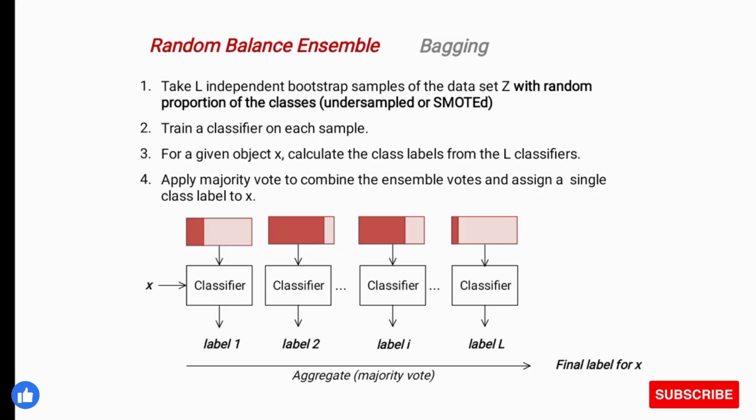And we use the majority vote to combine them and assign a single class label to that object x. So each time we are randomly choosing more or less of that balanced class.